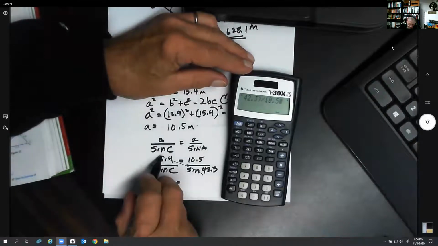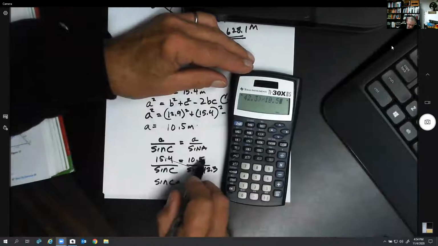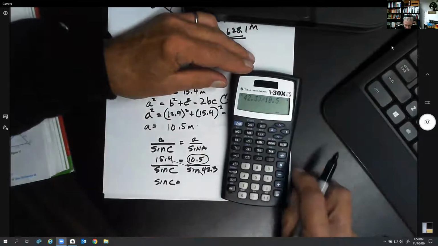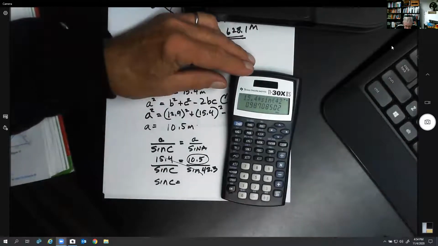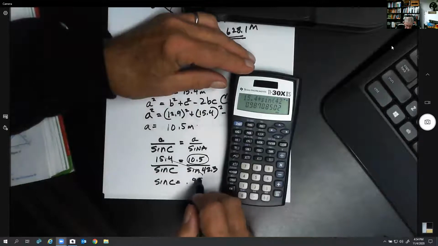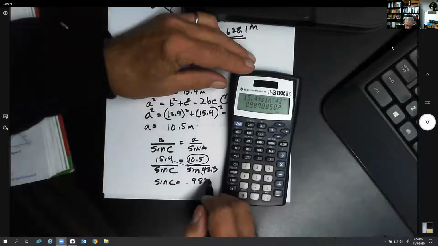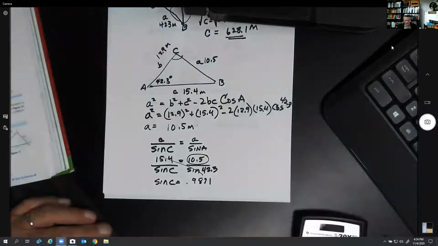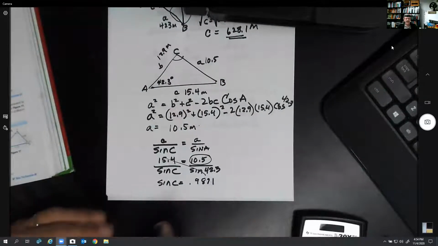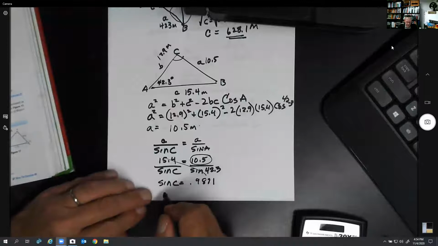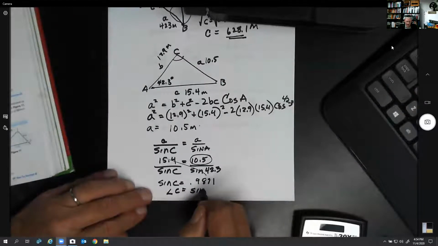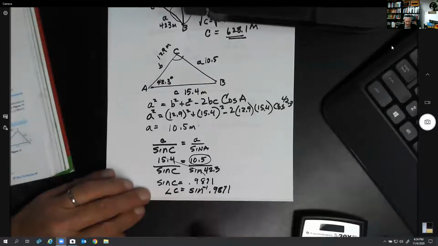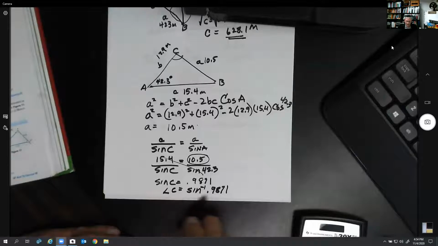Let me say that again. Multiply diagonally, divide by the number that's left. All right. 0.9871. Okay, but that's the sine of C. I want to know what angle C is. So angle C is the inverse sine of 0.9871, because I'm looking for an angle here.